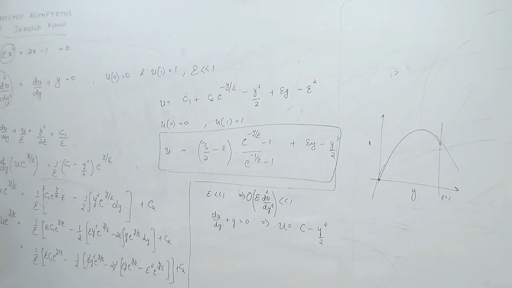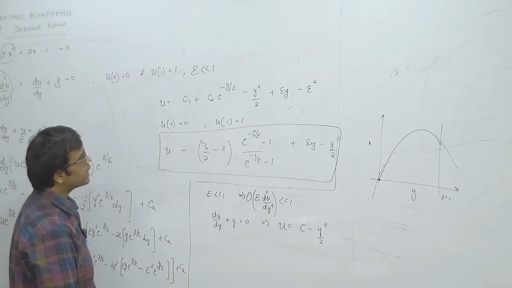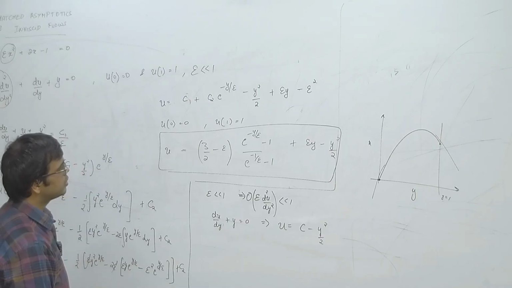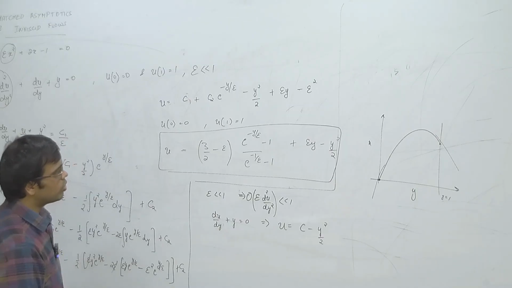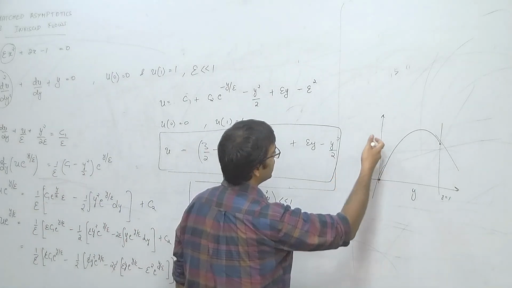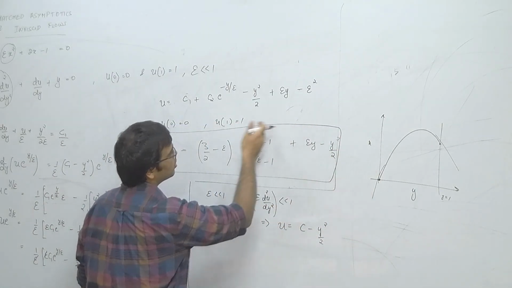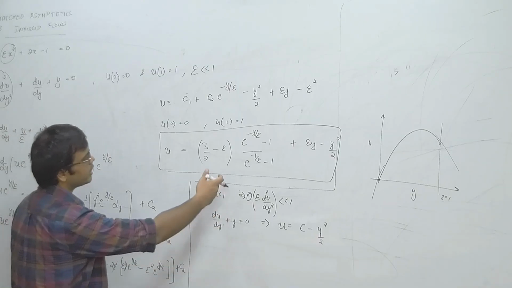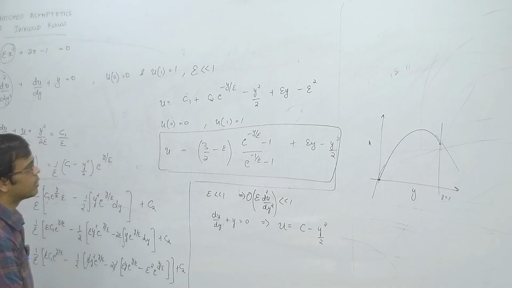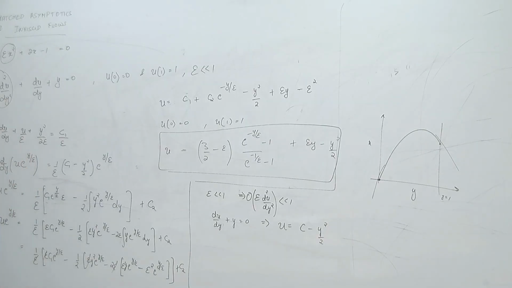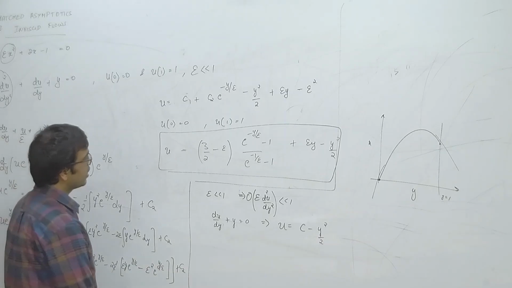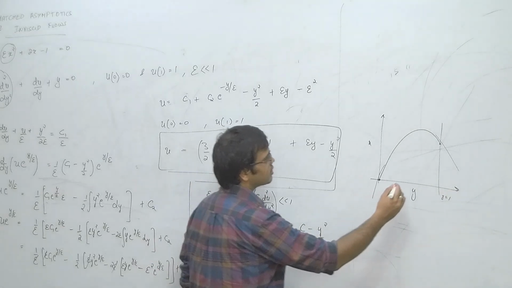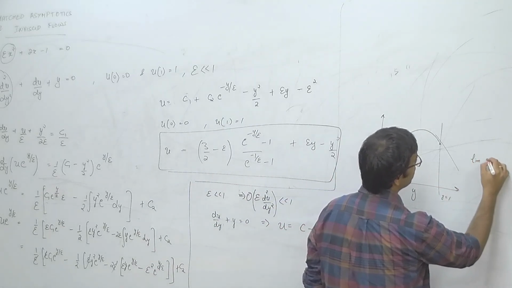So, how will we reason it out? For y tends to 0, how will we reason out what the asymptote of this function is? How will we find it, for y tends to 0 or y tends to 1? I will leave this as an exercise to you, and I will give you a different reasoning.